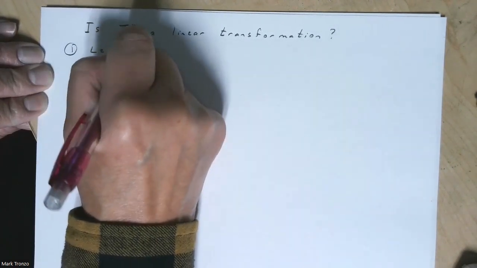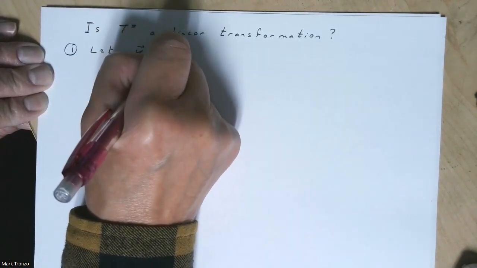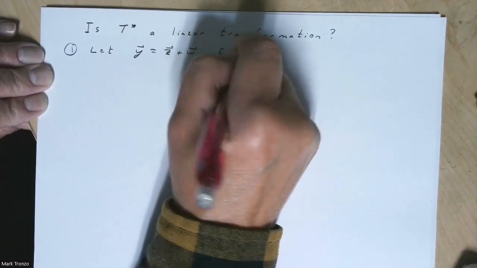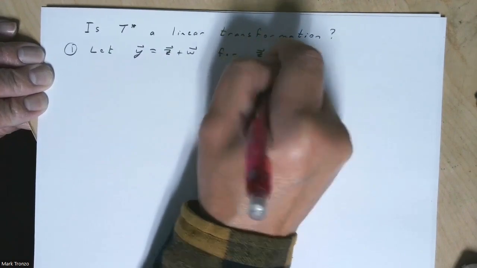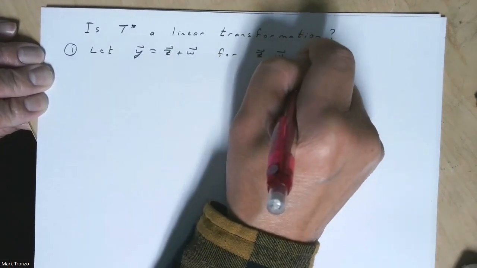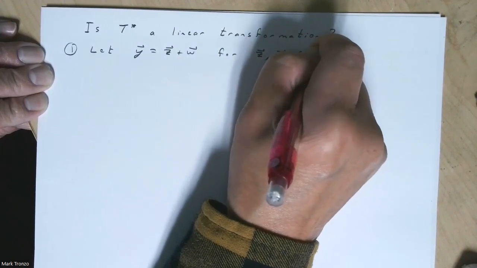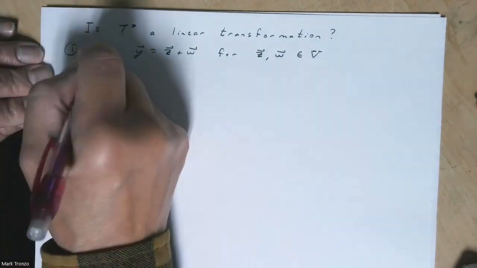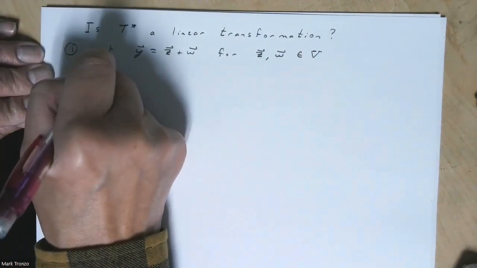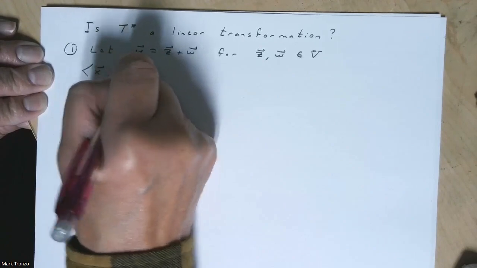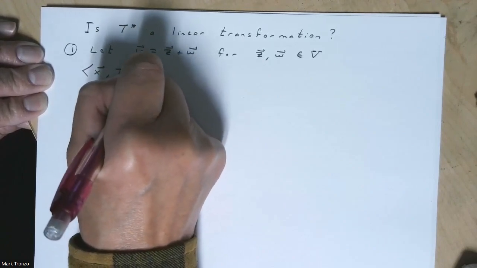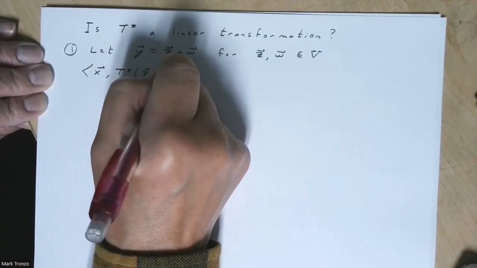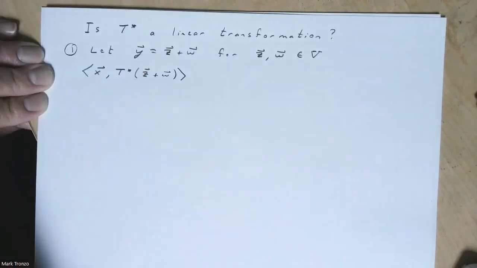So let y be equal to z plus w, for z and w in the vector space V. So let's start with that.